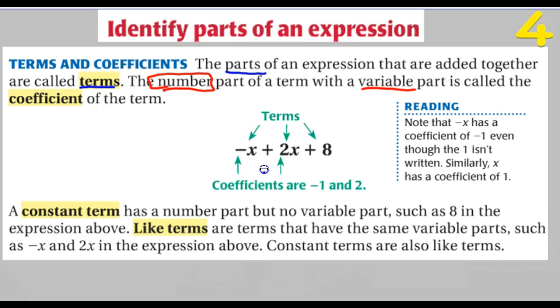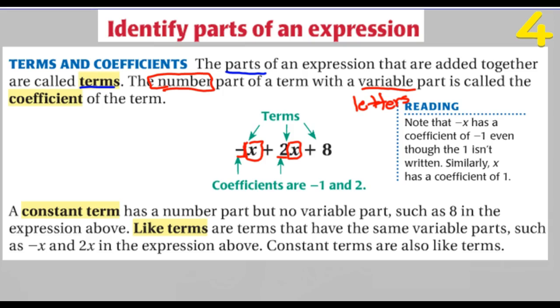So if you look here, the coefficients are -1 and 2, because we could put a -1 in front of this x. This is the number part in front of the variable. The variable, remember, are our letters, which are the x's. We don't have any other letters for this one, just x's.